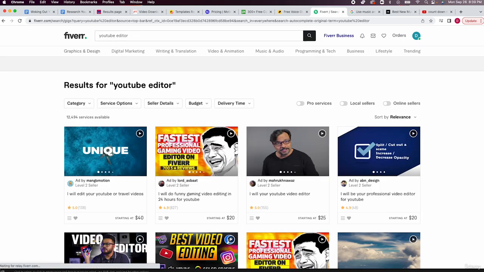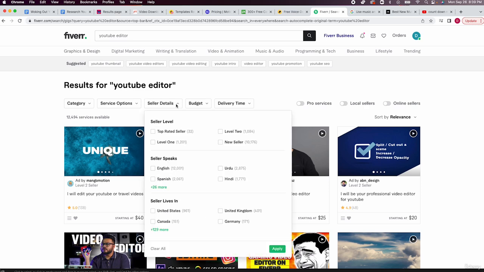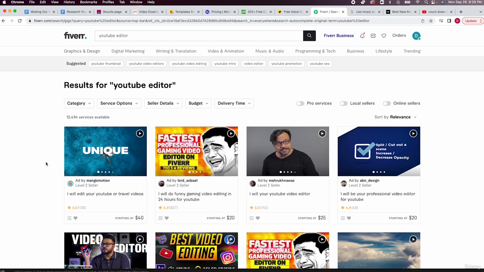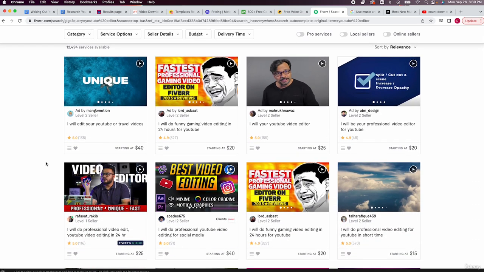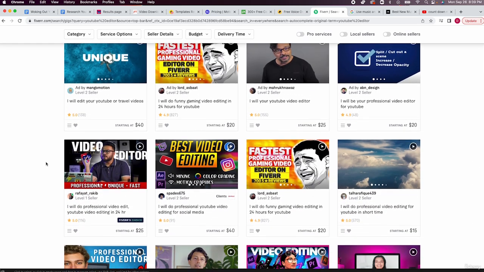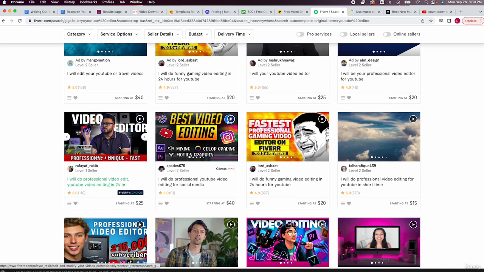You can also search by the level of the seller, if they speak English, and the country they're in. Obviously, if you get someone from the US, the UK, or Australia, they're going to cost more because it costs more to live there than if you find someone from the Philippines, Pakistan, India or somewhere similar. They're probably going to edit cheaper for you. That's just economics, folks.